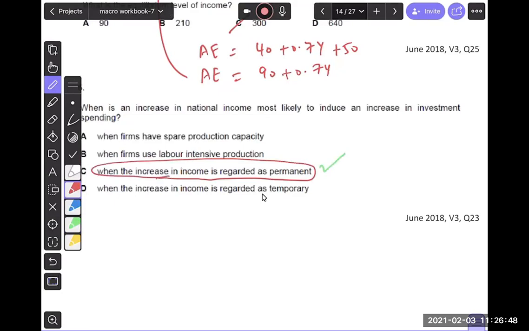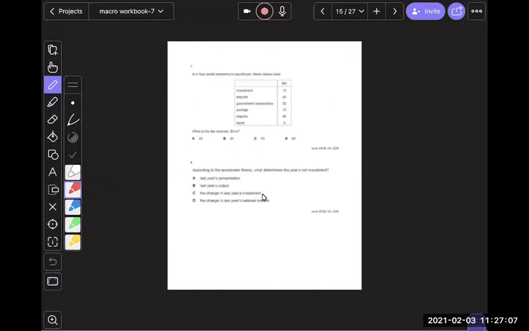If it was temporary, nobody is going to increase capacity. If you have spare capacity, nobody is going to invest more. If firms are labor intensive, you don't need investment, you need more labor then. So C is the best answer. You guys get that? Does that make sense? Okay.